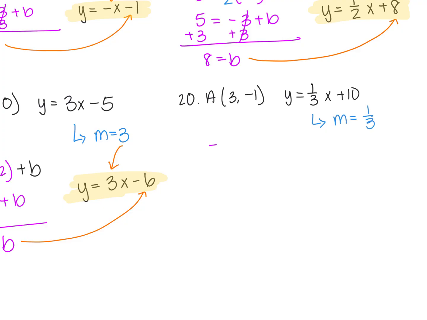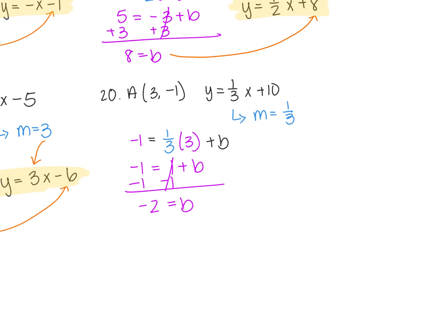And then plugging in, I have negative 1 equals 1/3 times 3 plus b. And then solving it, negative 1 equals 1 plus b. Subtract 1 from both sides. Negative 2 equals b. And now I could write my equation: y equals 1/3 x minus 2. Again, where am I getting this from? What I solved for and what I found.